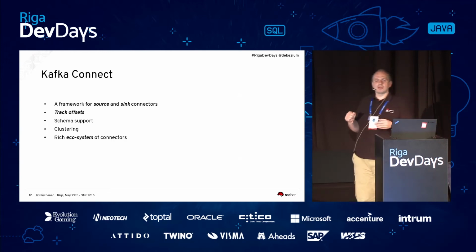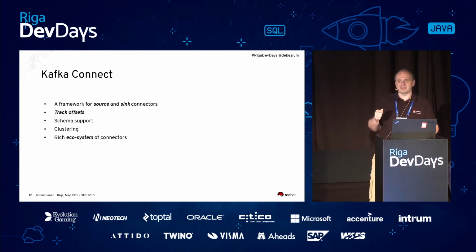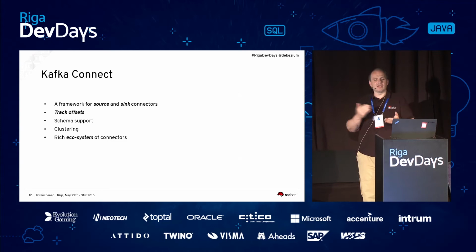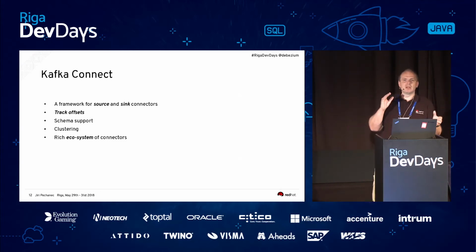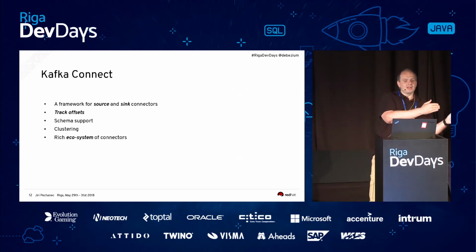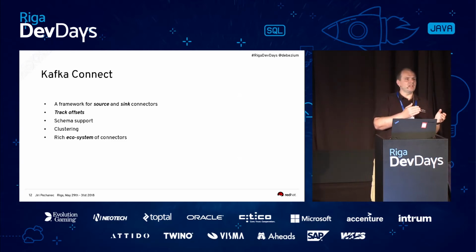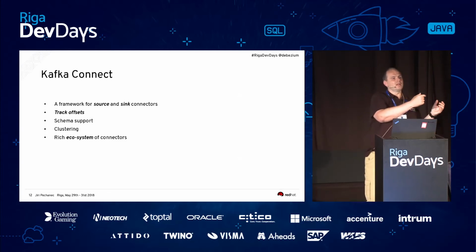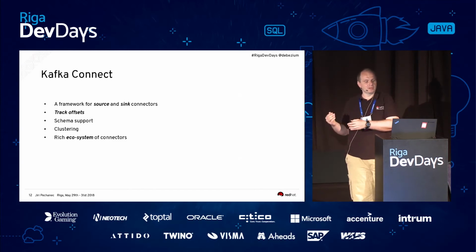Kafka Connect also provides us a feature: tracking of offsets. What is an offset in this context? Offset is a unique identifier of the source data that is sent to Kafka. So in our case, it's a position in the database log associated with the message we are sending to Connect.